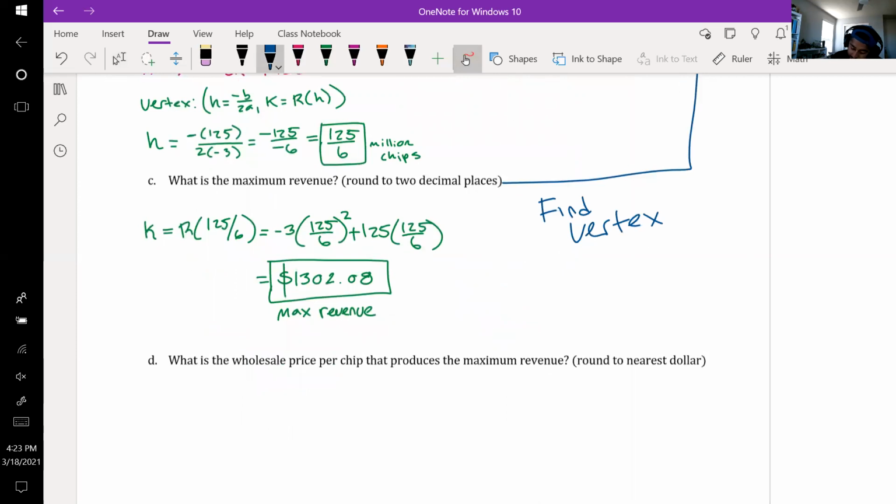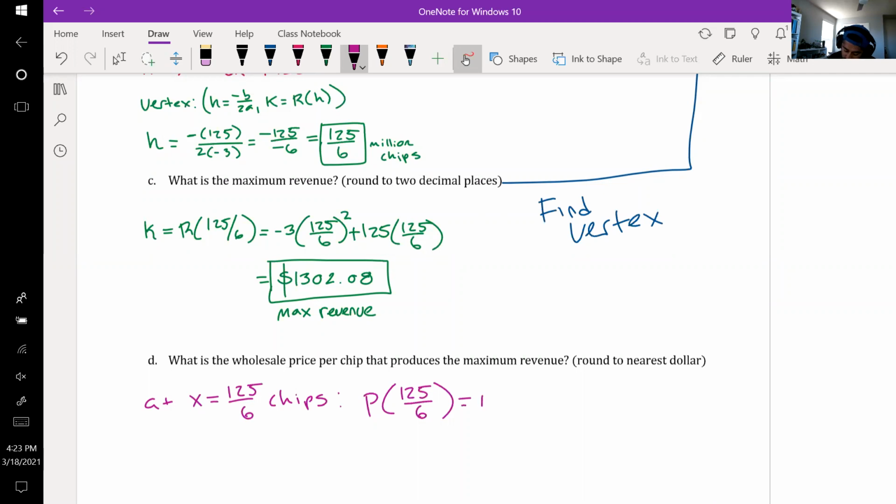So at x equals 125 over 6 chips, we're going to get P of 125 over 6. We're plugging this into that price demand function above.